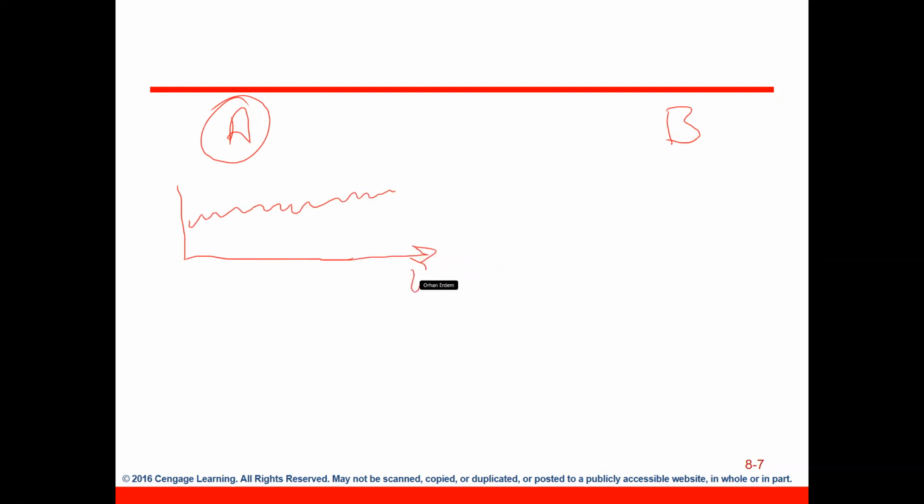This is time, and this is stock price. At the same time, let me draw them on the same graph. I'm going to use blue for it. Look at B. So this is B stock.